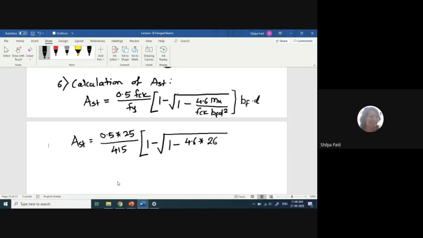This is in kilonewton meter, and all other values are in Newton mm, so let us multiply by 10 raised to 6 to convert it into Newton mm. Divided by fck, which is 25, into bf, which is 2020, into d, which is 450 square.